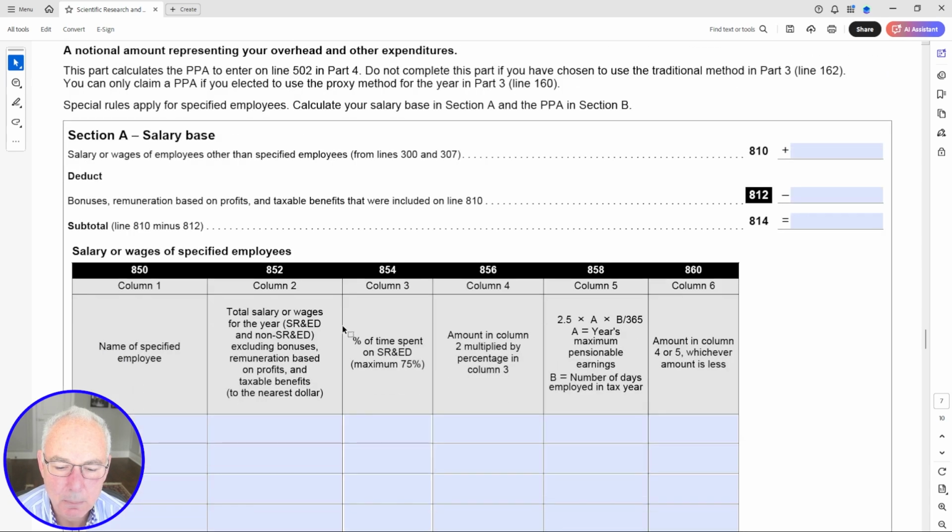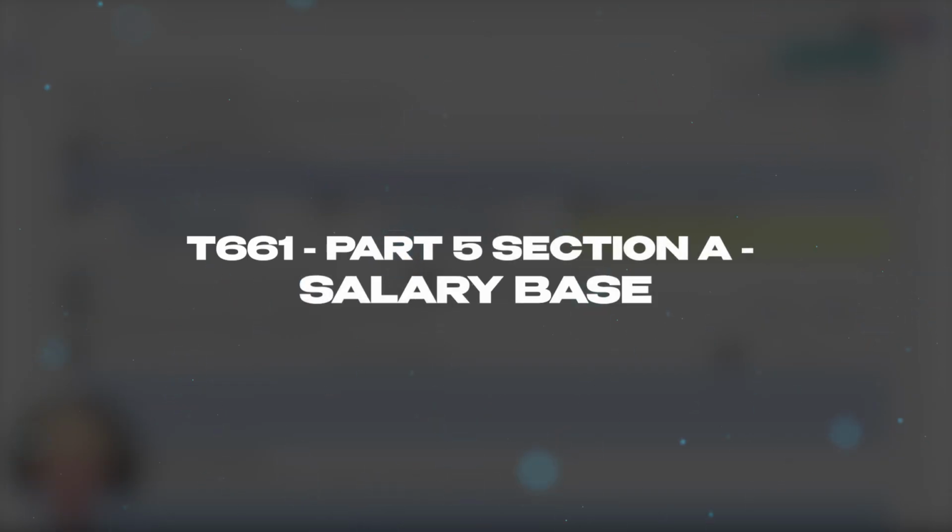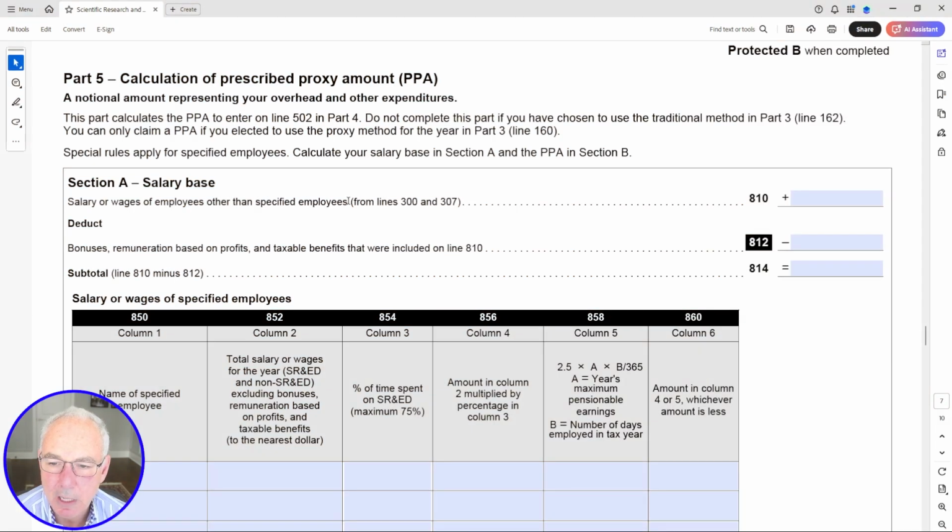Scroll down a little bit, and here we are at part 5, which is the calculation of the prescribed proxy amount. Salary or wages of employees other than specified employees. Remember, that was our $100,000 for everyone aside from the specified employees. The bonuses we're going to assume were zero, and the subtotal then will be $100,000.